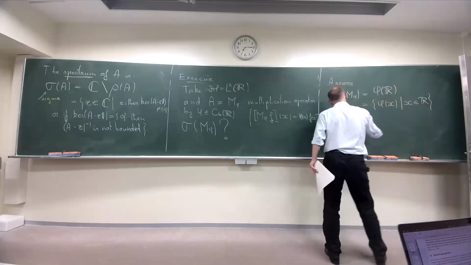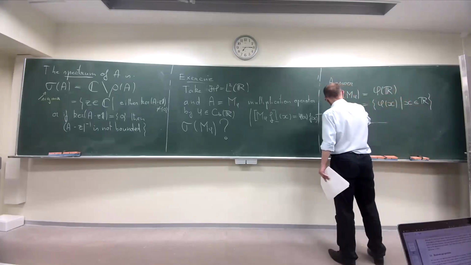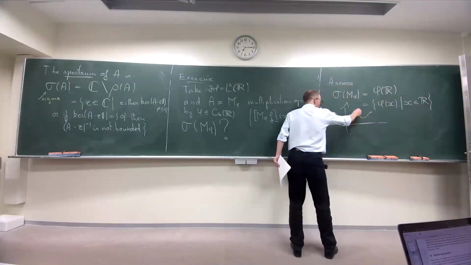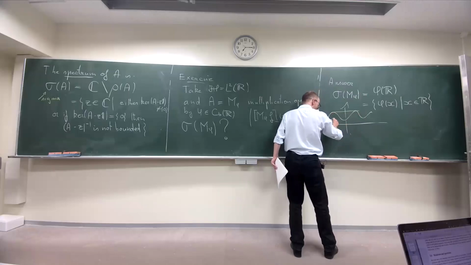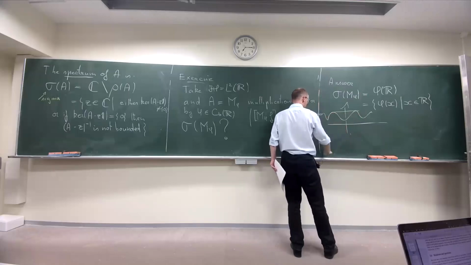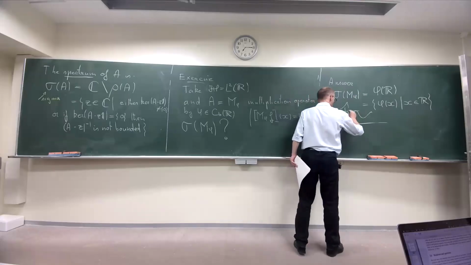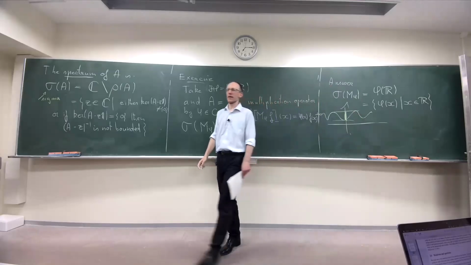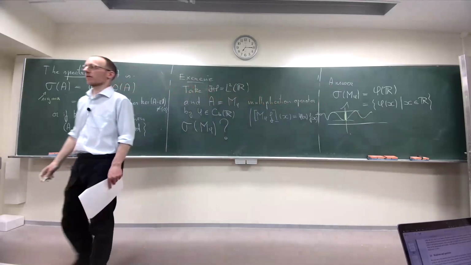If I plot such a function phi, what is the image? Let's say the minimum value stays here. The image is going to be this interval. This would be the spectrum.